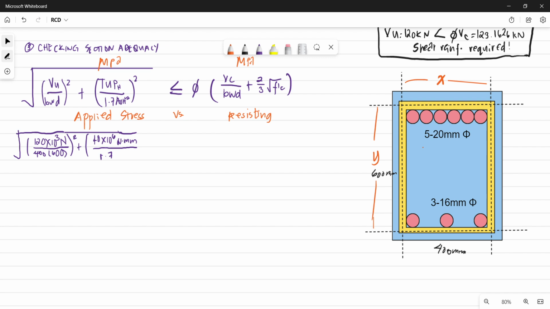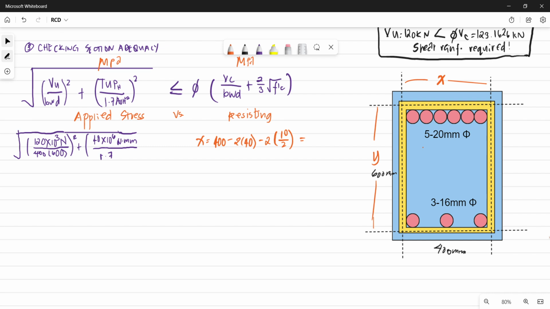Paano ba natin kunin yung X natin? Your X is equal to 400, yung base, minus dalawa ng concrete cover, minus 2 times ng 10 over 2. This is for stirrups.